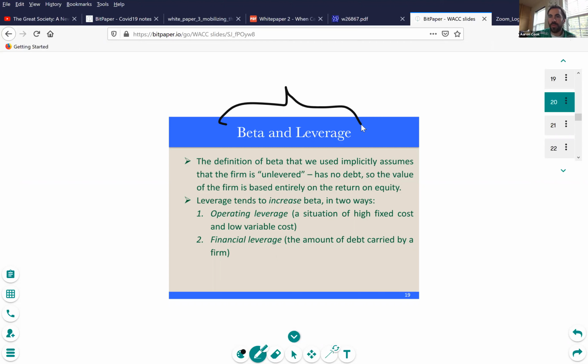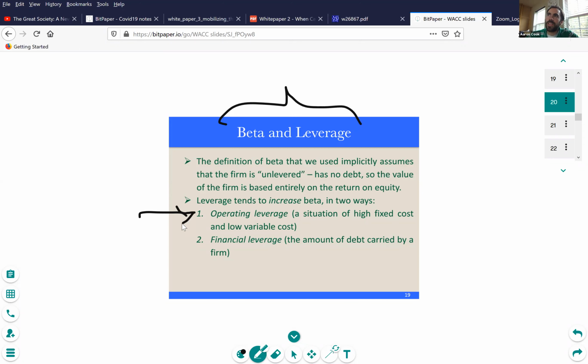But there are particular factors that can influence how large a beta is. Both of them have to do with leverage, but one of them is operating leverage. The other is financial leverage. Both of them are actually just variations on the same concept.